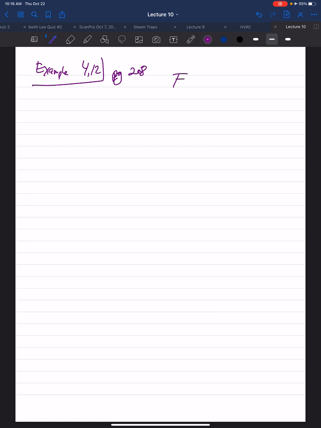Always start with your free body diagram. Pushing force, this angle here is 30 degrees. Width of the box, 0.8 meters. This is applied 0.2 meters from the floor.